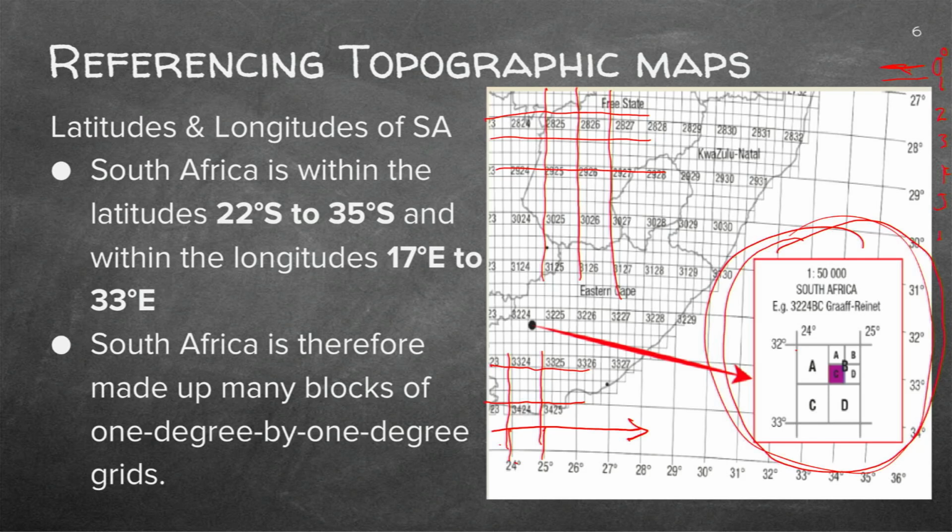And the NGI has subdivided this into blocks. I will now show you how these references have been determined by the division of every 1 degree by 1 degree block. So let's go into that and see how it has been divided.